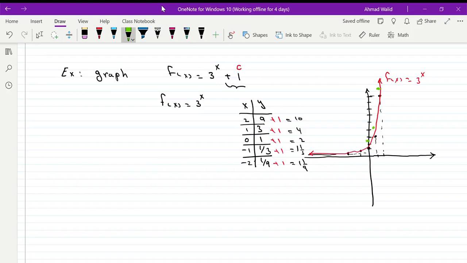Same way, negative 1 and 1 and 1/3 is somewhere here, and the next one will be here. Everything shifts one unit up. The graph goes actually like this. My graph is not good because I'm just using an electric pen, but if you use graph paper, easily you can graph it really nice, correct?